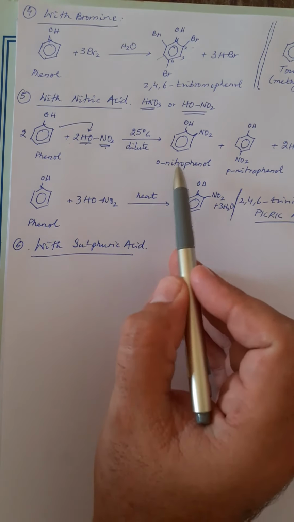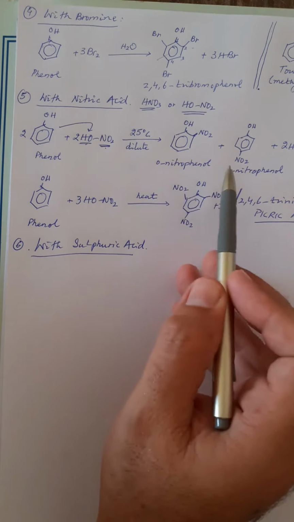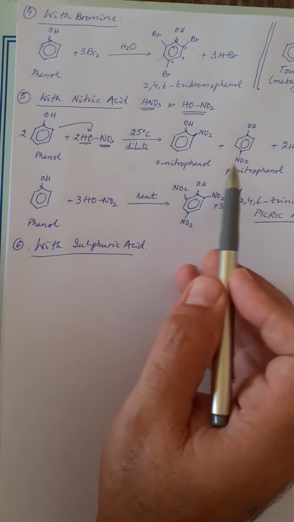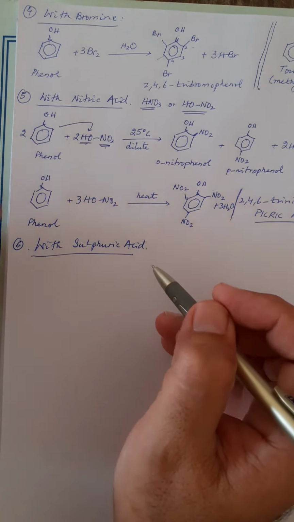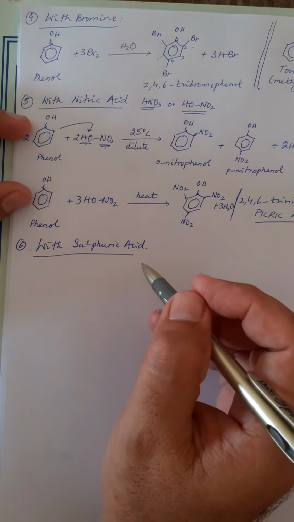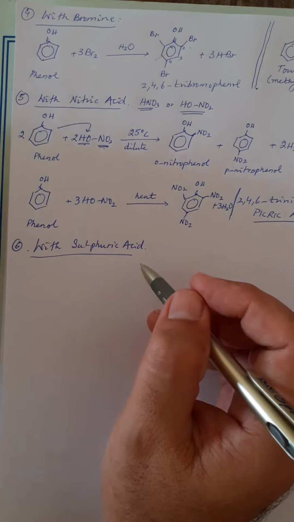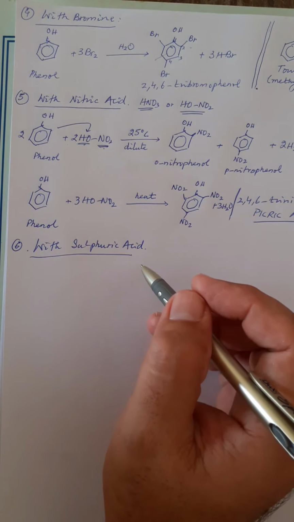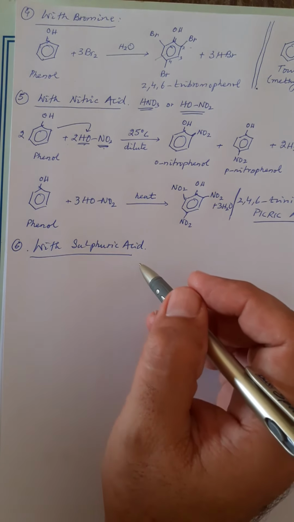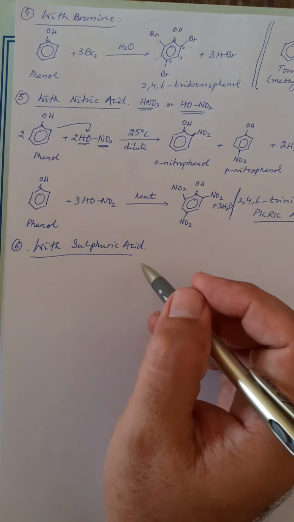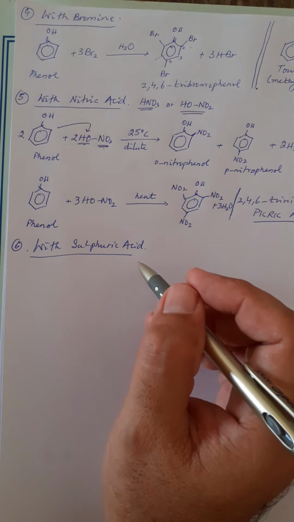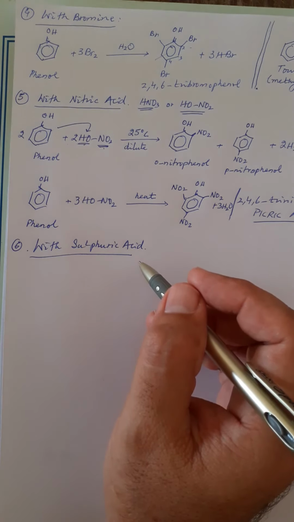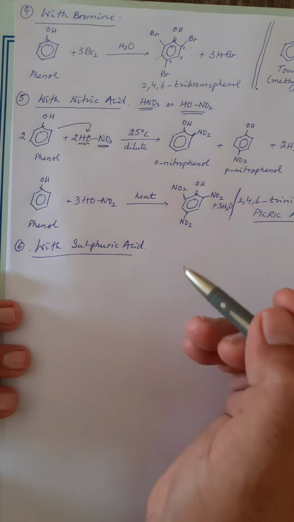Keep in mind, these two are each other's isomers. You can say these are position isomers. The similar thing happens with sulfuric acid as well, but there's a difference in how it behaves, as it is much more reactive than nitric acid. Again, room temperature and high temperature give quite interesting products, and let me tell you.